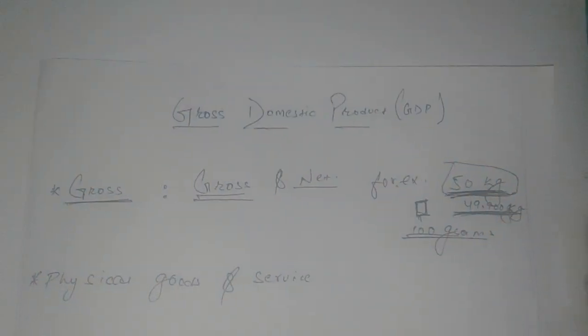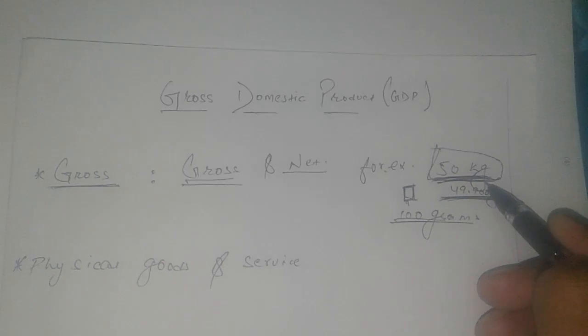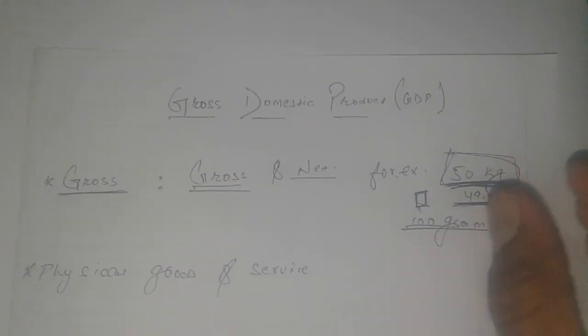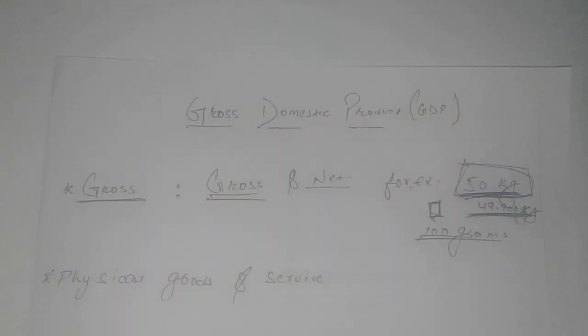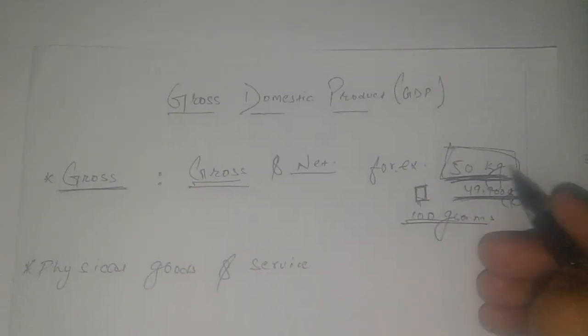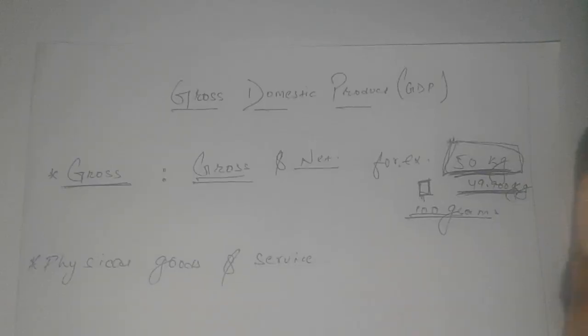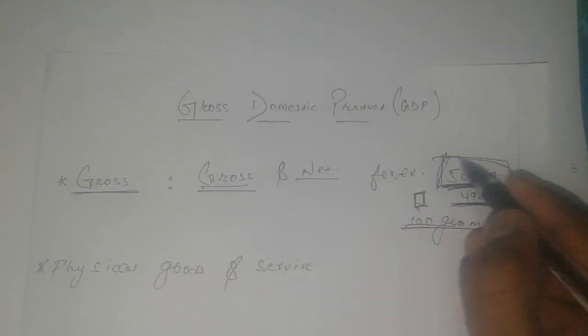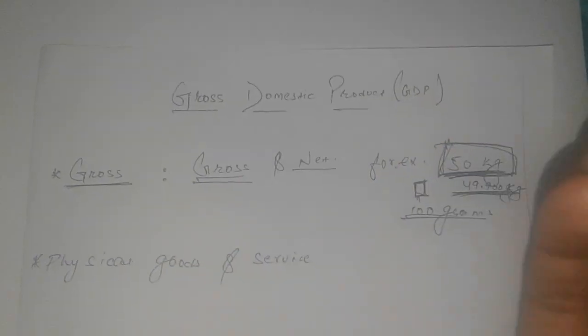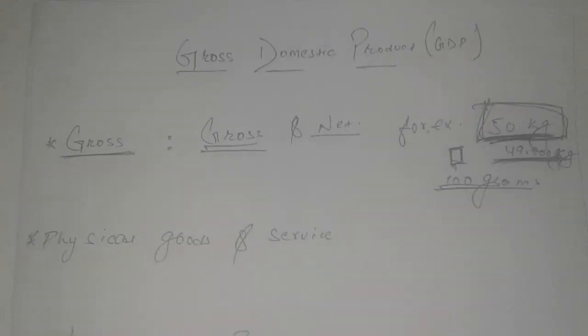It is a large country, and this is a very minute example I am giving you. This happens on very large scales. So this is called gross domestic product. For example, 50 kg is called the gross domestic product of that particular farmer in the particular financial year.